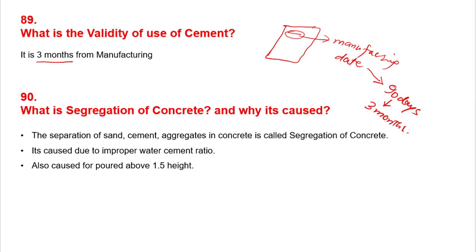And the next point is related to segregation. What is segregation of concrete and why is it caused? As we know, concrete is a combination of coarse aggregate, fine aggregate, water and cement.